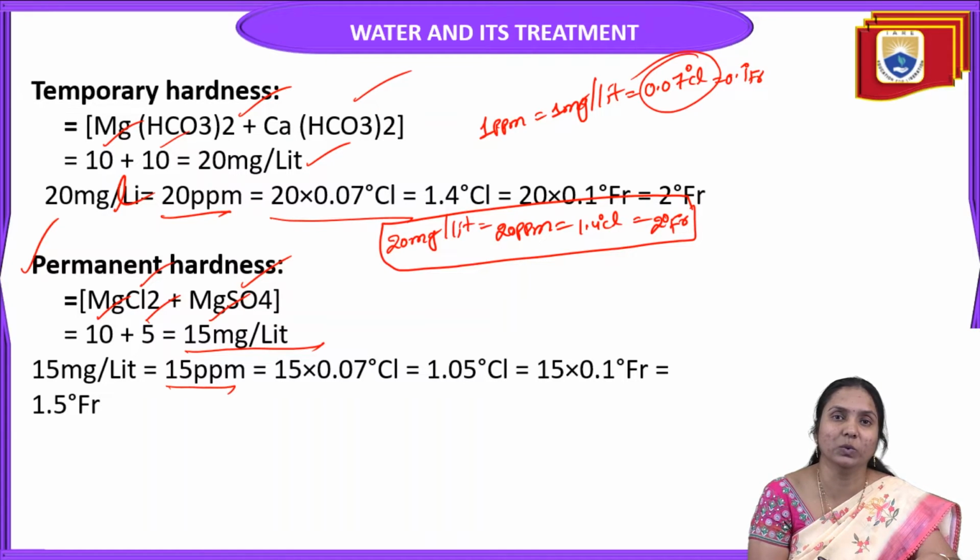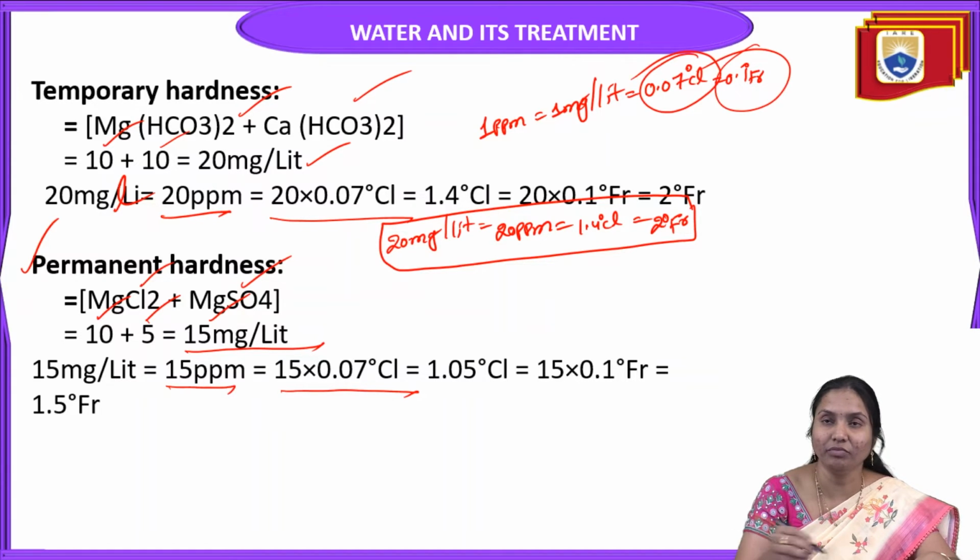And then how can you convert it to Clerk's degrees? 1 ppm equals 0.07 Clerk's degrees. So 15 into 0.07 is equal to 1.05 Clerk's degree. Next, how many French degrees? Generally 1 milligram per liter equals 0.1 French degree.